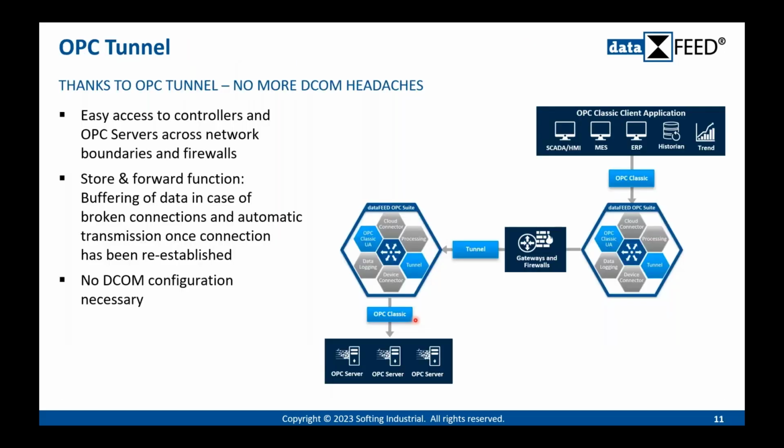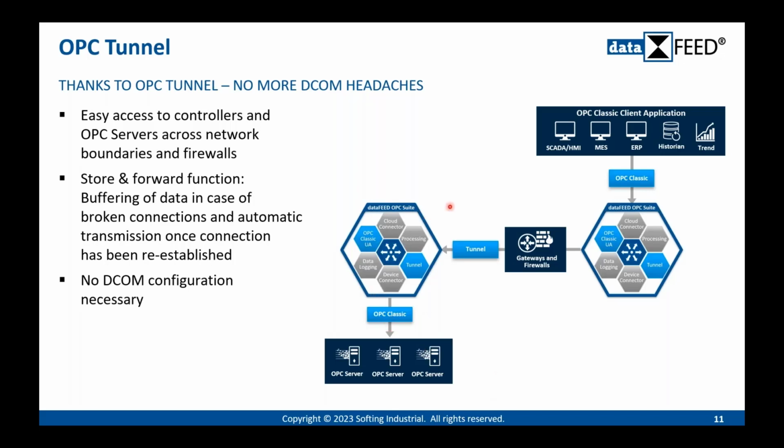First, the OPC tunnel solution. Because thanks to this OPC tunnel, you will no longer have DCOM headaches. What does it mean? We can have access with one DataFeed Suite installed on one PC to up to 100 OPC servers through the OPC Classic interface.